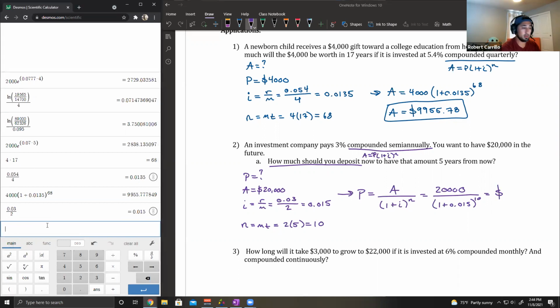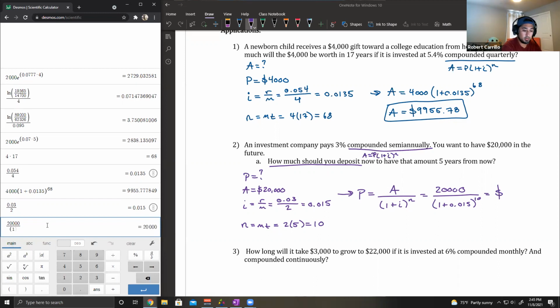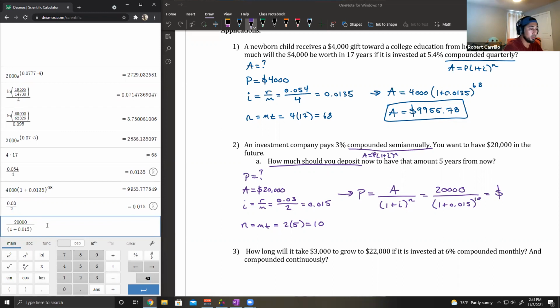Let's see. 20,000 over 1 plus 0.015, all raised to the 10th. And in order to have $20,000 in 5 years at 3% compounded semi-annually, you need to invest $17,233.34.